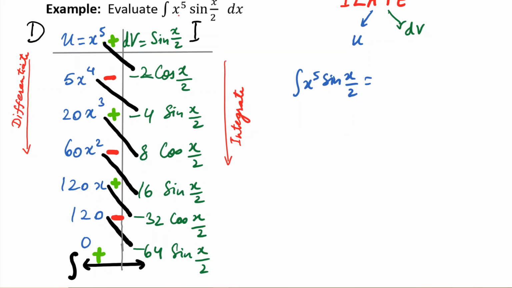So let's write our solution now. Our first diagonal tells us we should multiply x raised to the power 5 and negative 2 cosine x over 2, and this term should be positive.